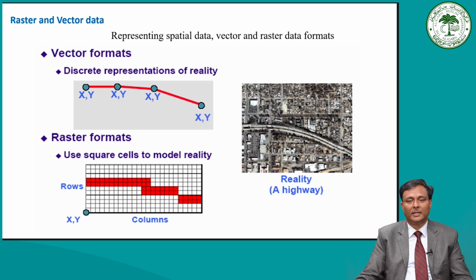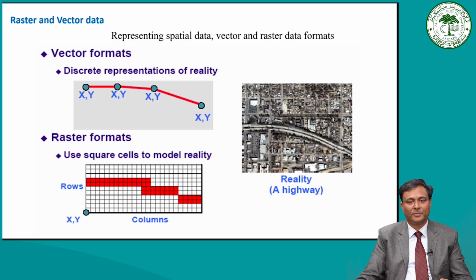So this bottom example shows how we represent any ground reality in raster format, where a raster is accompanied by spatial information that connects the data to a particular location. This includes the raster extent and cell size, the number of rows and columns, and its coordinate reference system.